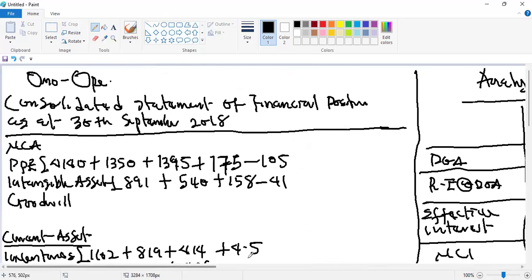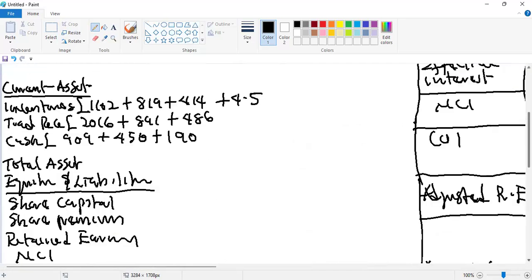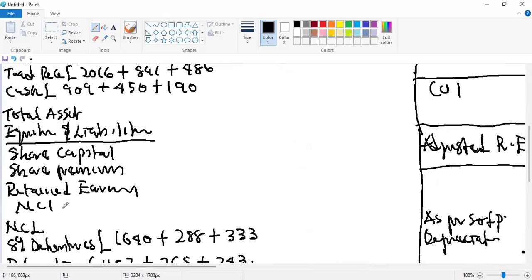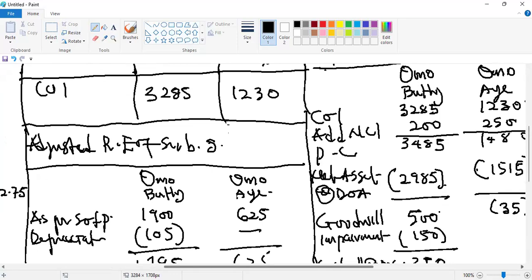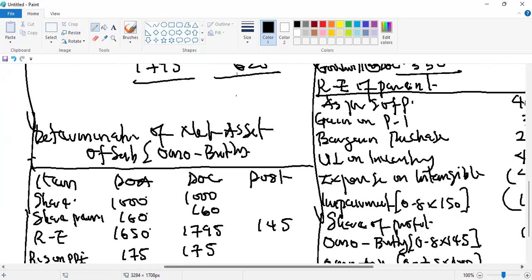I say 199 plus 283.75 plus 199, 482.75. I can now calculate the retained earnings and balance my account.